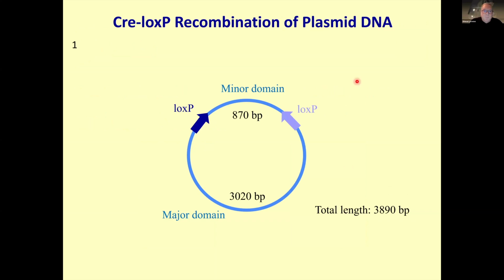Okay, so experimentally, we work with a plasmid that has inversely repeated loxP sites. They're separated by almost 900 base pairs. Along this minor domain, overall, the plasmid has a length of almost 4,000 base pairs. And therefore, this experimental system, which we've used in other contexts, provides a good vehicle for trying to learn more about Cre recombination.